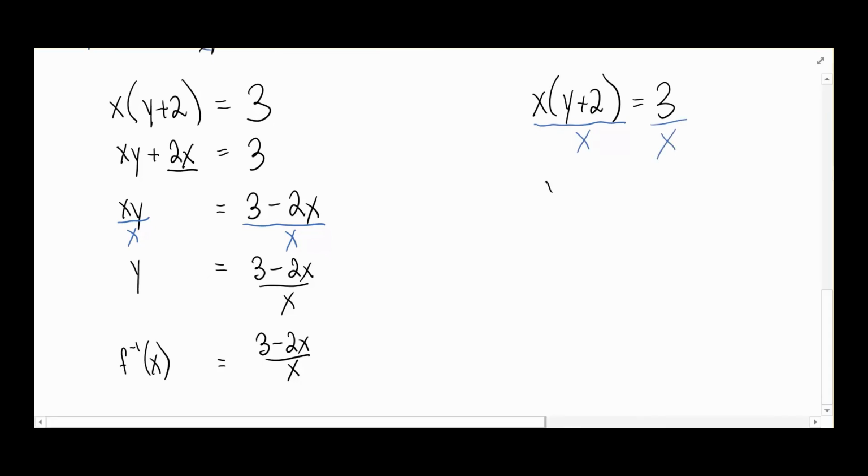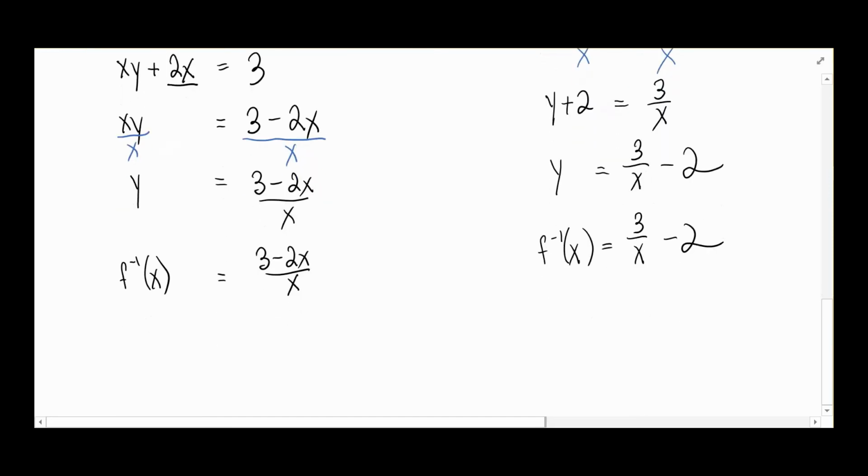That's going to leave us y plus 2 equals 3 over x, and then we could subtract 2 from both sides. Then instead of y equals, we have f inverse equals. Now, both of these are equivalent to each other. Both are 100% correct answers.